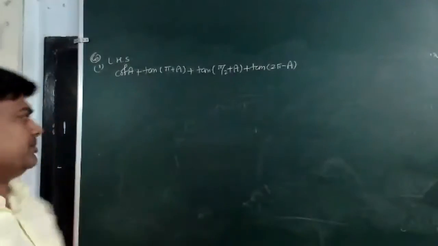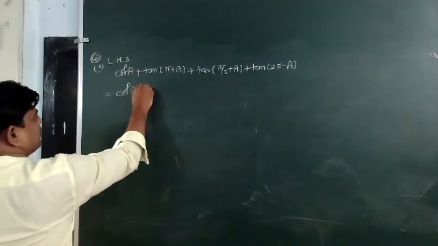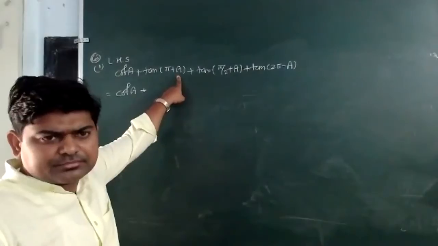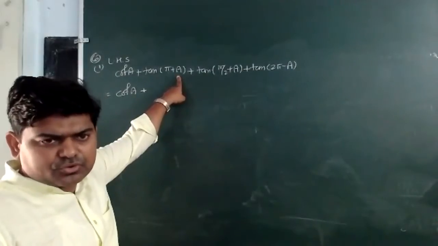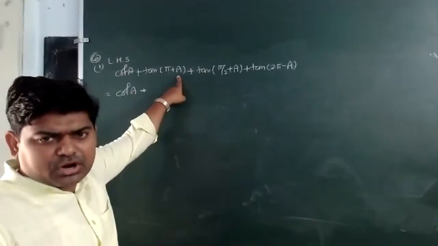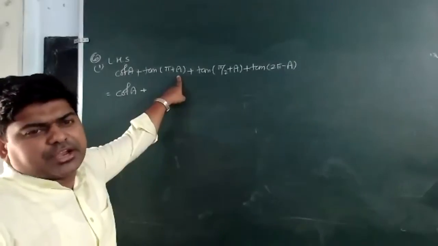Listen to me very carefully. Cot A will remain cot A. Pi plus A will be in the third quadrant. Say yes or no. Tan (pi plus A) will be in the third quadrant. In the third quadrant, tan is positive. With pi, it will not change.